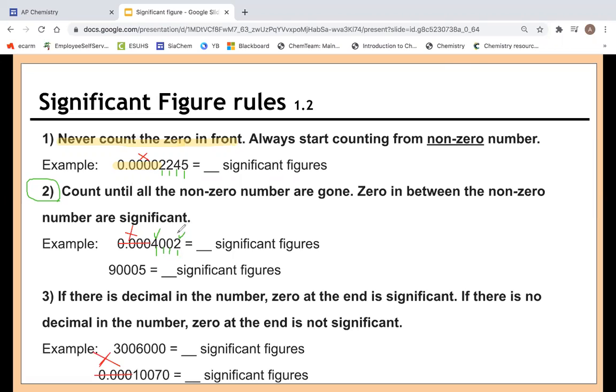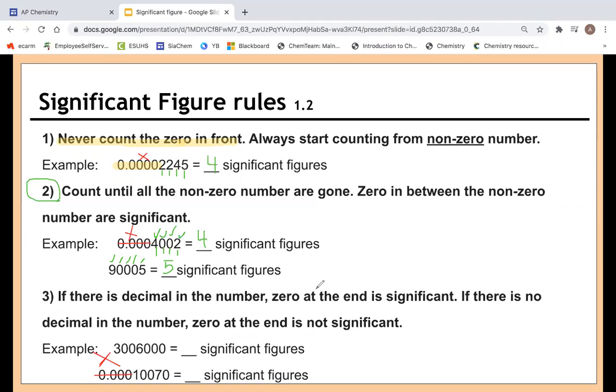So all the zeros sandwiched in between are automatically counted because there's a non-zero number at the end. By that logic, you can also count all of this: 1, 2, 3, 4, 5. So this one would be 5 significant figures. This here is 4 significant figures. This up here is 4 significant figures.